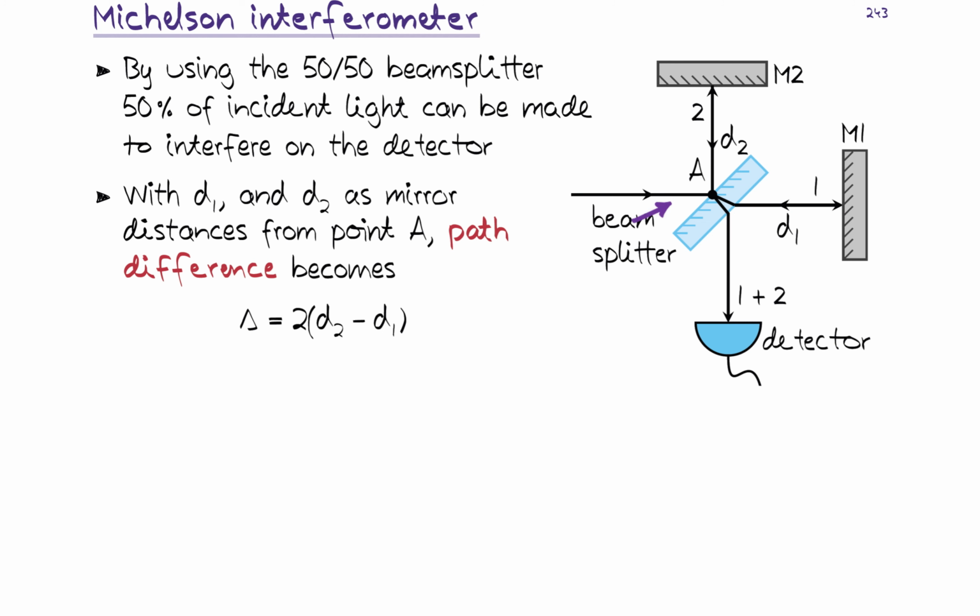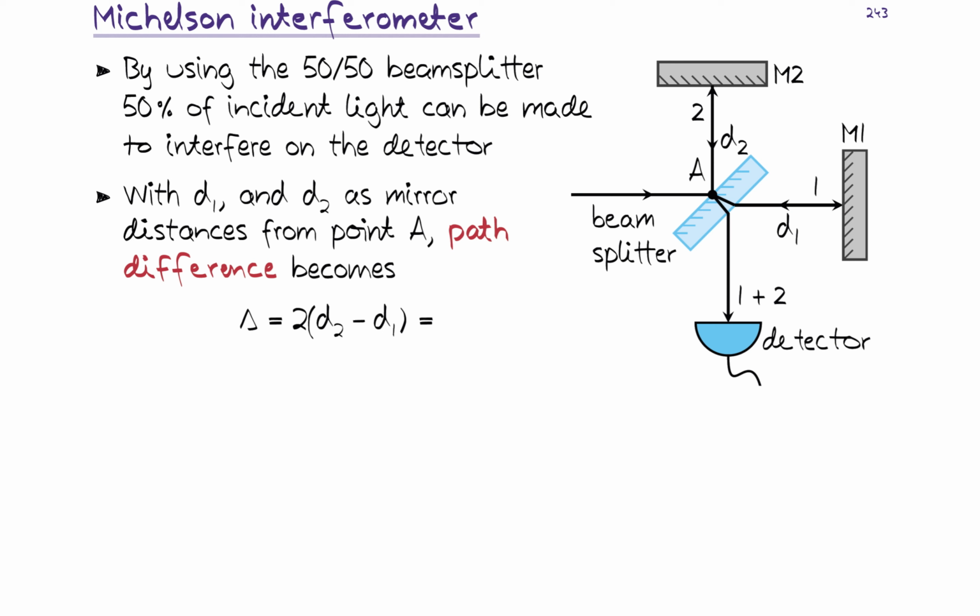So essentially, physically, we are having a ray propagating this distance of D2 twice, since it's being reflected, and the same thing for the D1 here, so that overall the phase difference that is being accumulated is associated with this path difference of big lambda here.